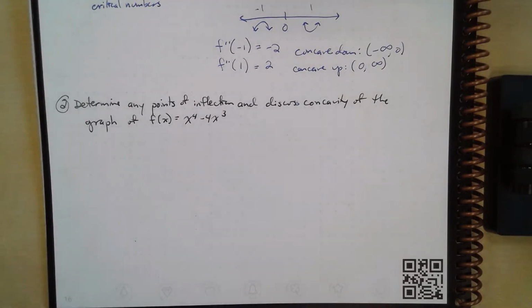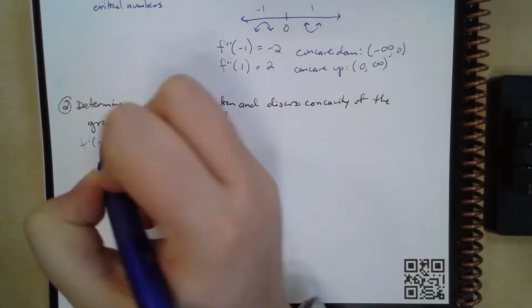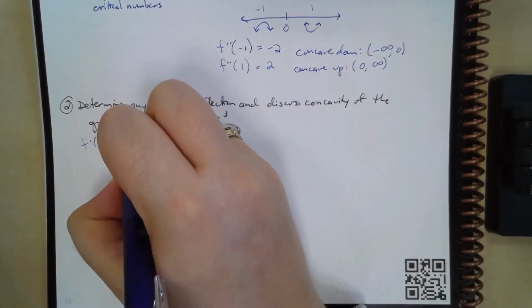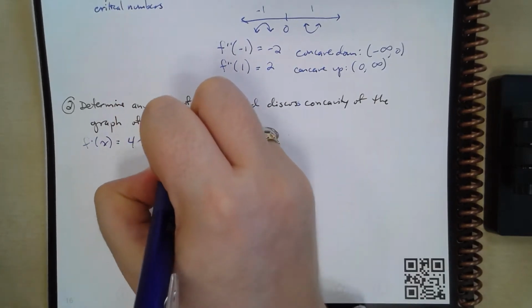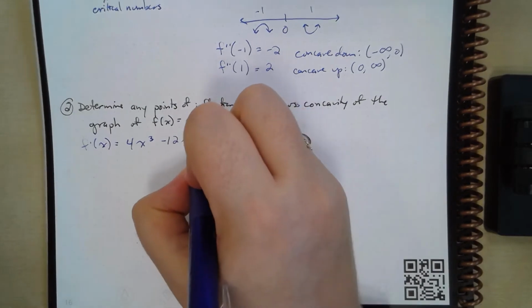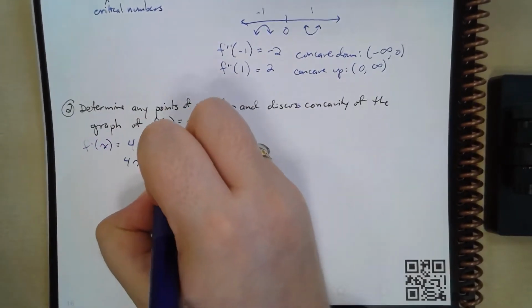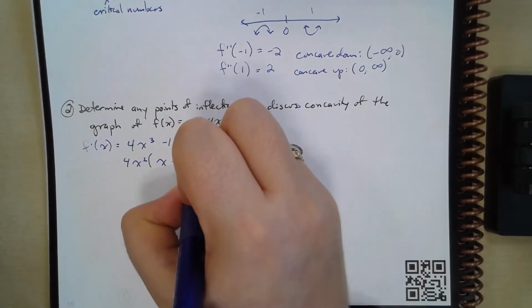Well, first we want to find our points of inflection. We're going to find f prime of x is equal to 4x cubed minus 12x squared. And if we wanted to, we could set this equal to 0. Factor out 4x squared, we'd be left with x minus 3 equals 0.